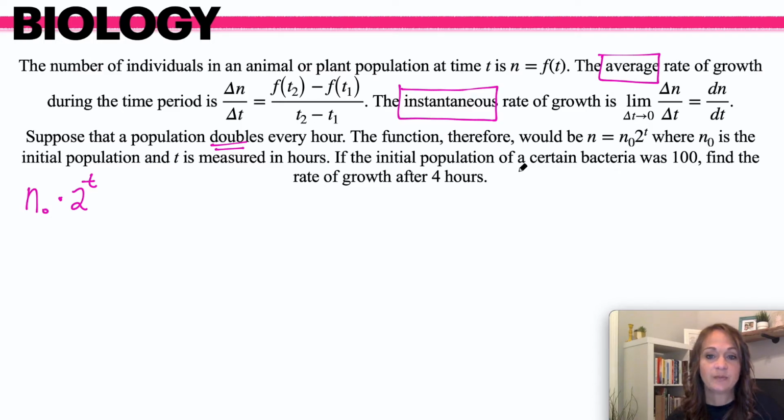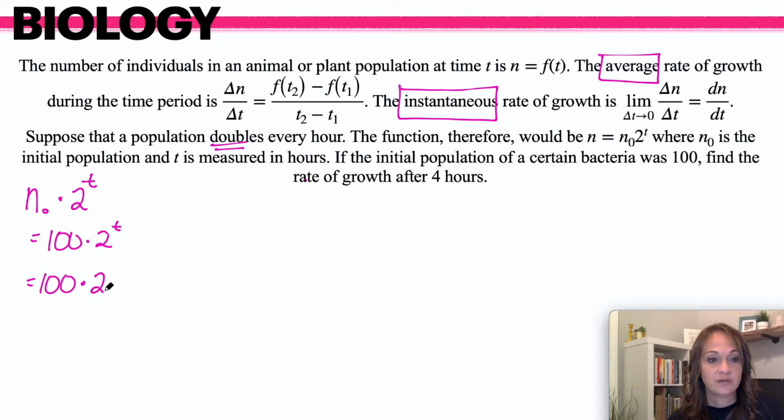If the initial population was 100, so I'm going to place 100 in for n of 0, I will have this function. They want to know the rate of growth at a specific time after 4 hours. So we're going to be doing the derivative of this function. The derivative of an exponential function, this is just a constant. The derivative of 2 to the t is going to involve a log.